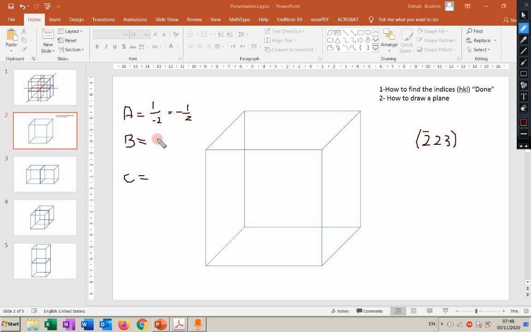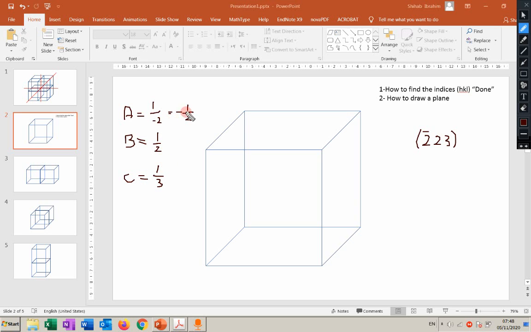Remember, intercepts can be integer, can be fraction, no problem. 1 over 2 still remains 1 over 2, and that's going to be 1 over 3. Now I have my intercepts: x is minus 1 over 2, y is 1 over 2, z is 1 over 3.